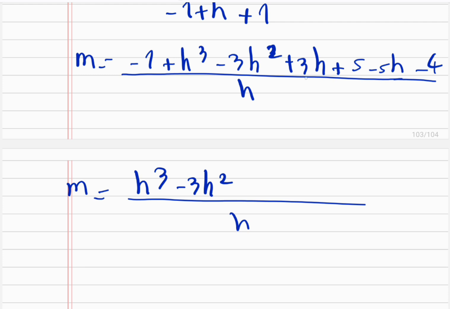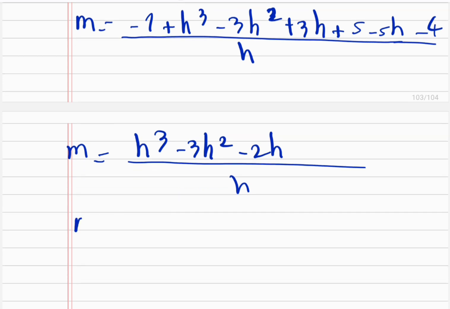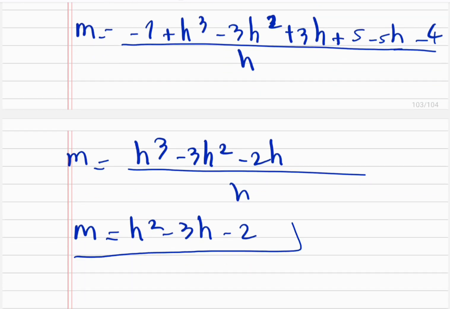But other than that, we can simplify 3h with -5h, which is -2h. And we have -1, -4, +5, which is 0. Now we can divide everything by h, and we get h squared - 3h - 2, which is exactly what we wanted to show. All right, this is the answer to part A.